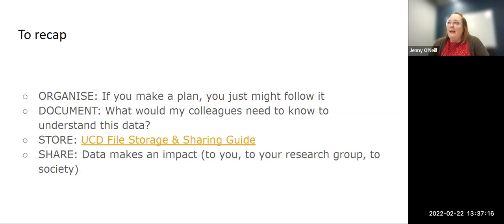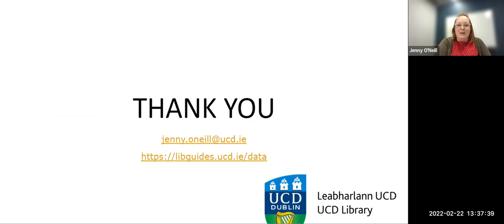And by making the data available when it came to vaccines, we were able to scrutinize those as well, and make sure that everything was going to be as safe as possible for us. So I think this has provided a really good example for me to hopefully convince you that making your data available will make an impact to you, as well as potentially to society.